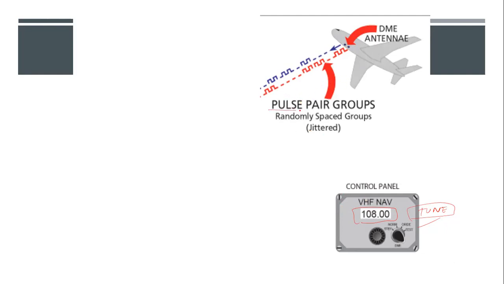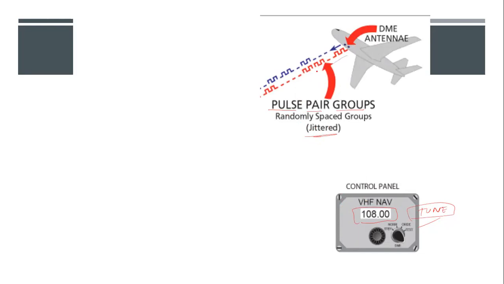Now you can see the pulse pair groups are jittered, and this jittering or this change is a slight difference between all the aircraft in the world. This slight difference is in the pulse pair groups, and it could be changed whenever you want. It's dependent on the aircraft.